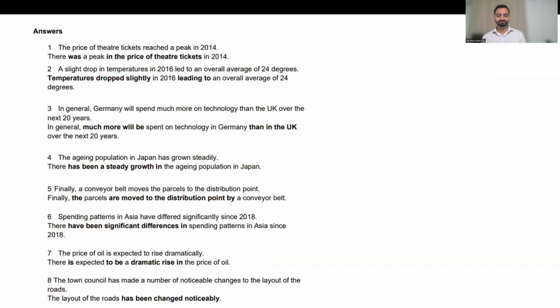If you're not comfortable with your active passive grammar, you should be able to brush up on it before going into an exam, because active and passive, especially passive voice, is used quite often in written form. You will have to use passive voice quite a lot, even in your essays.